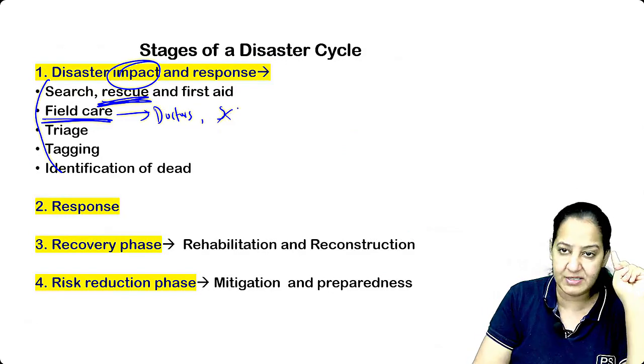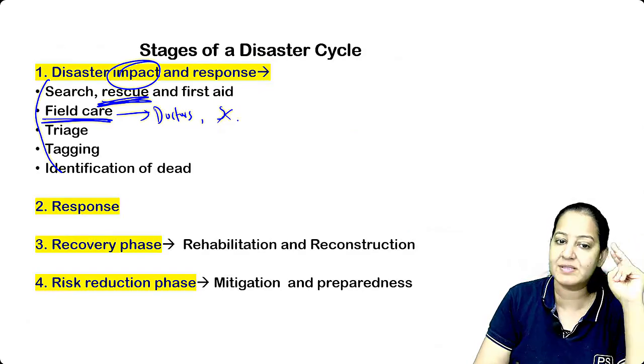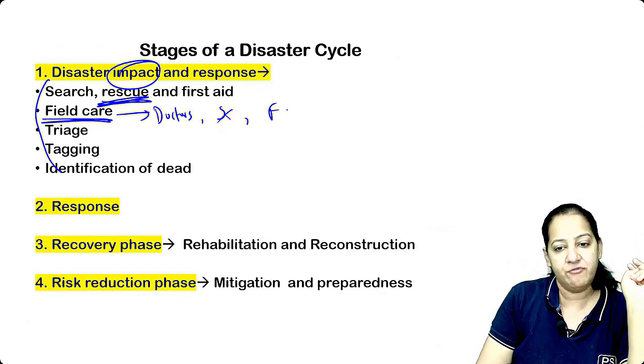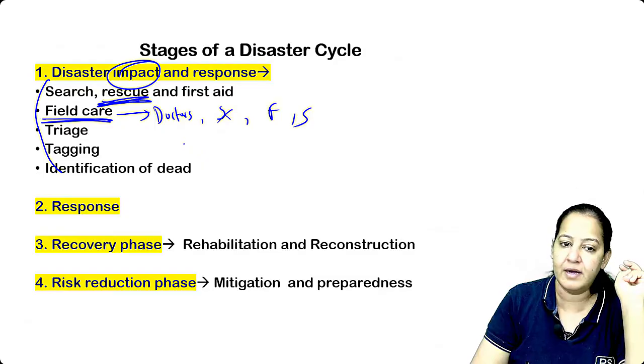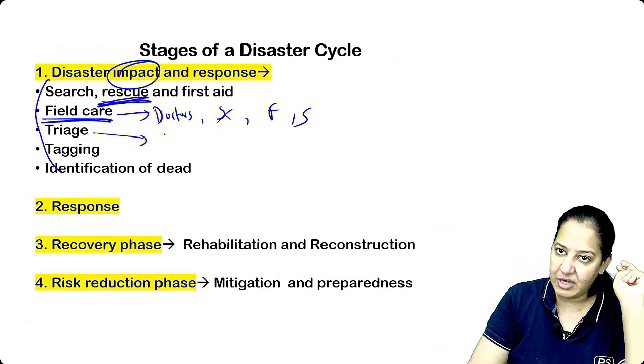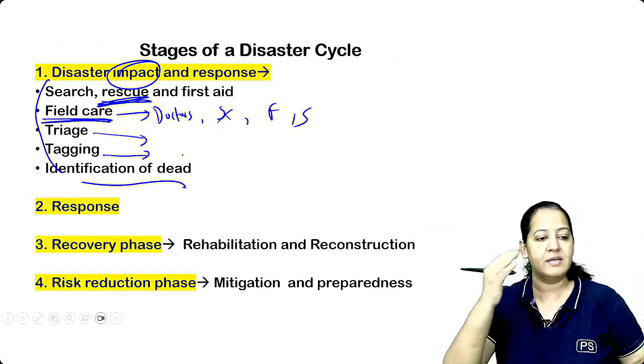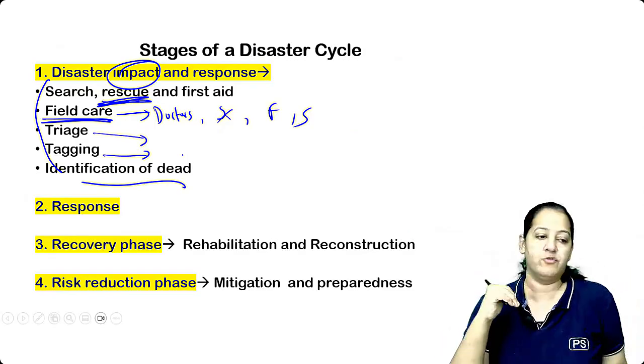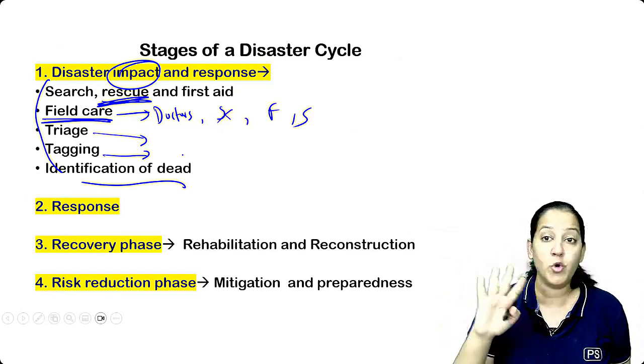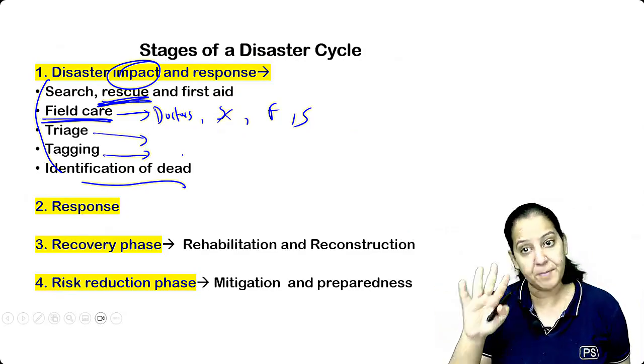So surgical equipment should be available, surgeons should be available, and food and shelter should be available. Then triage, I told you the 4 color coding, tagging, identification of the dead. So these are the steps. In this sequence only you have to follow. There should be no chaos, no panic situation. So you should be prepared for that.